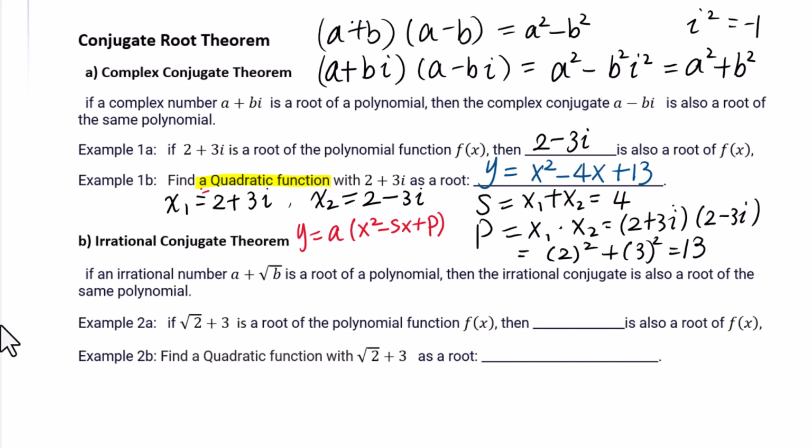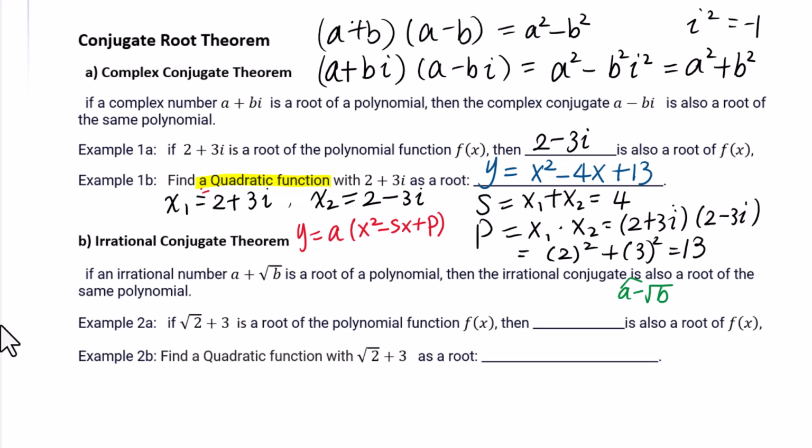Irrational conjugate theorem. If an irrational number a plus square root of b is a root of a polynomial, then the irrational conjugate a minus square root of b is also a root of the same polynomial.